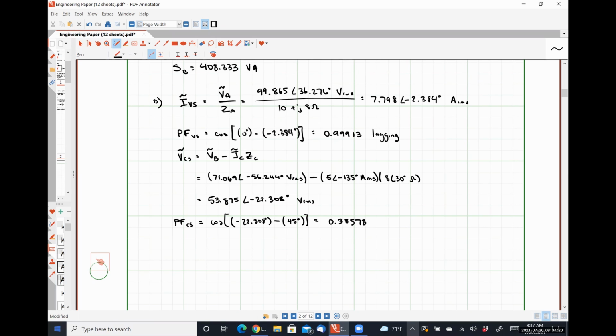So our current source is operating at a much lower efficiency than our voltage source. So it seems to be the one that's supplying most of the VARs to the system. Is this power factor leading or lagging? It'll be leading because negative 22.308 minus 45 is a negative number.